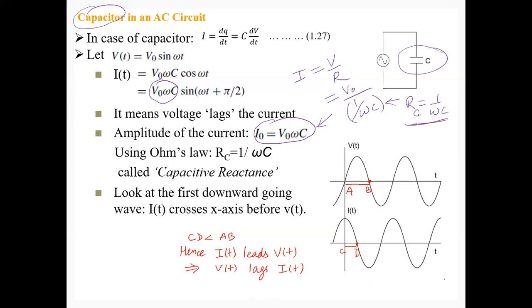That is called capacitive reactance. We don't call it resistance anymore. This is resistance, right? But in the case of a capacitor, we call it capacitive reactance. Capacitive reactance is given by 1 over omega C.